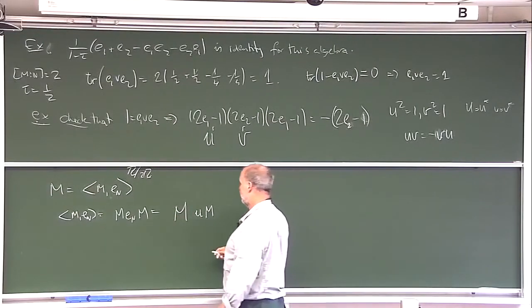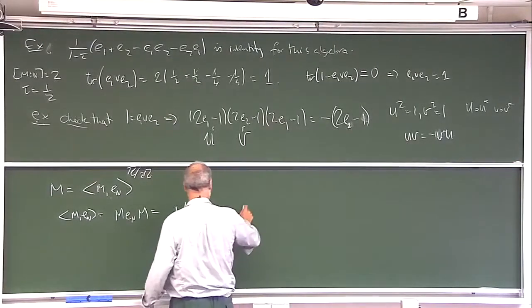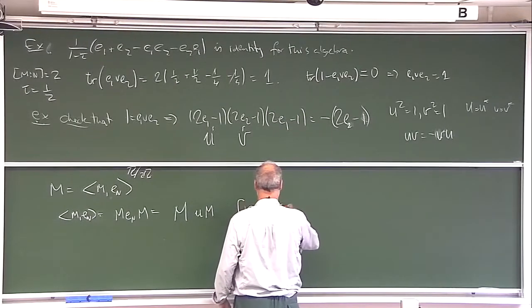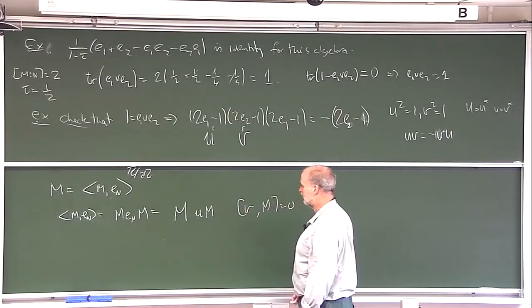The point is that V commutes with M. It's one beyond the basic construction.